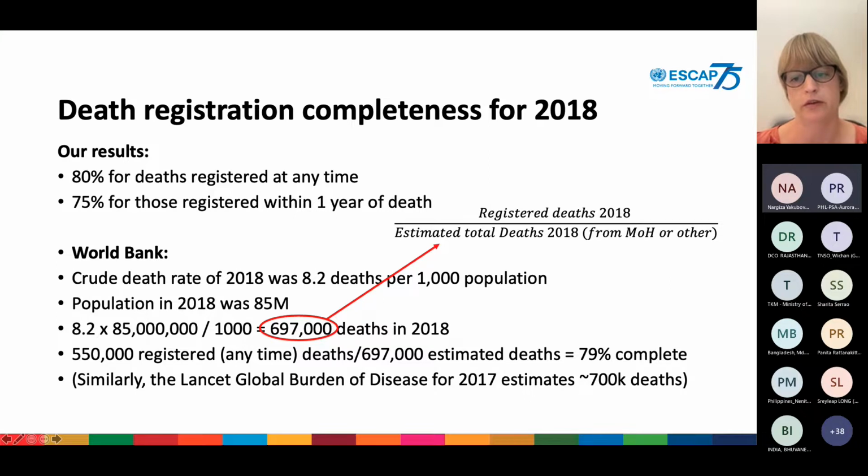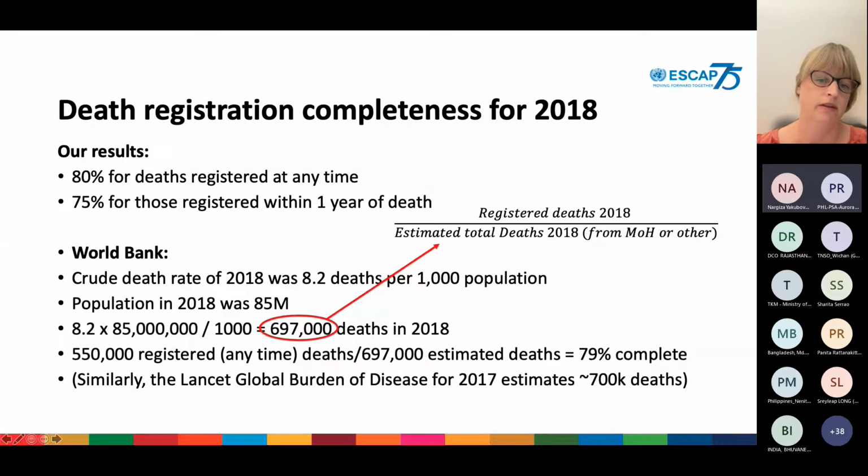Our numerator is always our registered deaths, but perhaps we could use something like the crude death rate from the World Bank or the UN WPP to estimate the deaths, say roughly 700,000, and that gives us 79% completeness, which is pretty close to our estimate here.